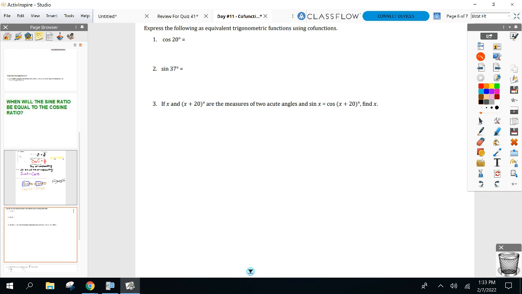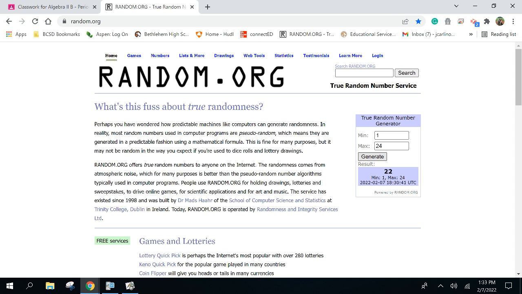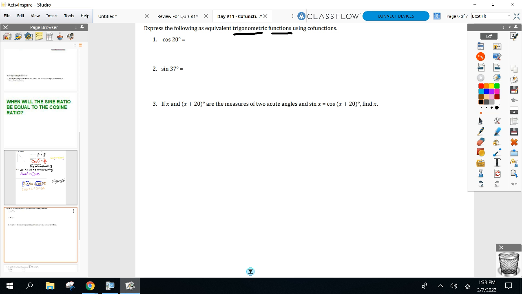Express the following as equivalent trig functions. Again, when it says equivalent trig functions, that's sine, cosine, tangent. So give me another value that's the same as cosine of 20. Give me another value in another degree that will be the exact same decimal as the cosine of 20. Sine of 70.